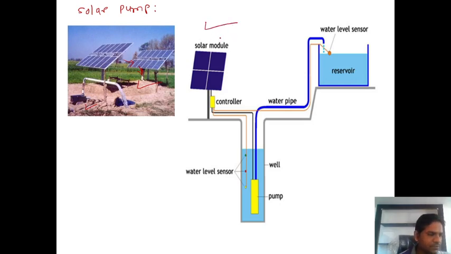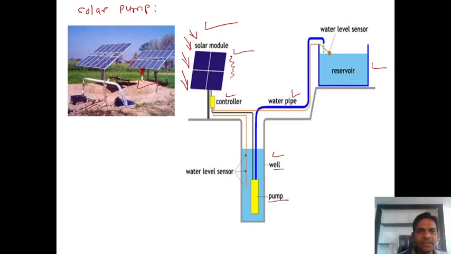You know, guys, look at here. So these are the solar modules, meaning nothing but the flat plate collectors, photovoltaic cells. This is the controller which controls the operation of the complete assembly. This is our well, this is the pump, this is the water pipe, and this is the reservoir. Okay. So this solar module absorbs the solar radiation, and in the photovoltaic cell, we know the operation of the photovoltaic cells.